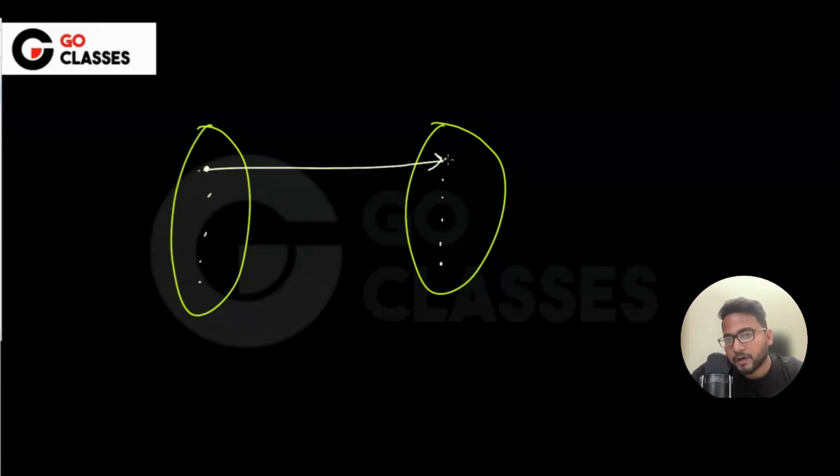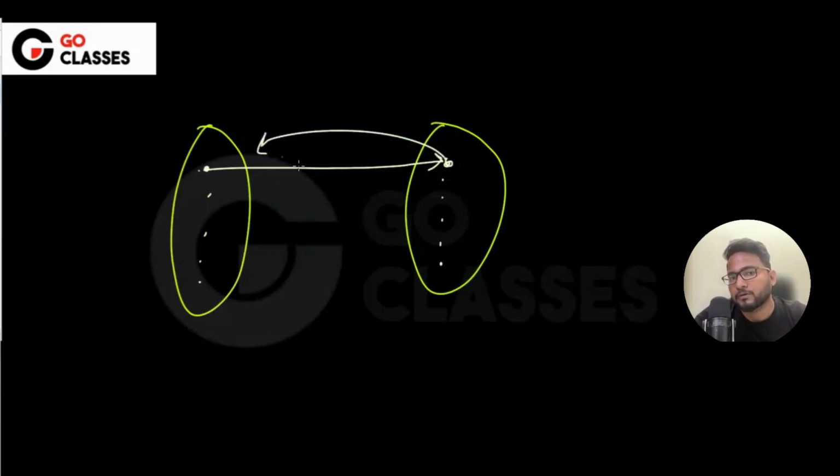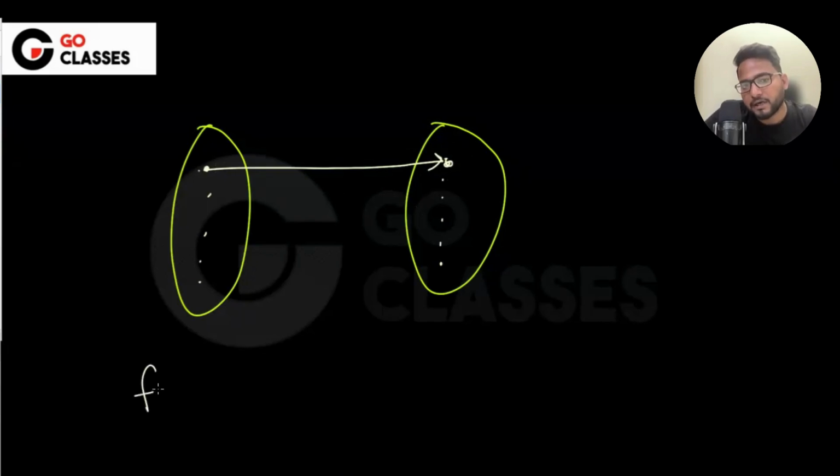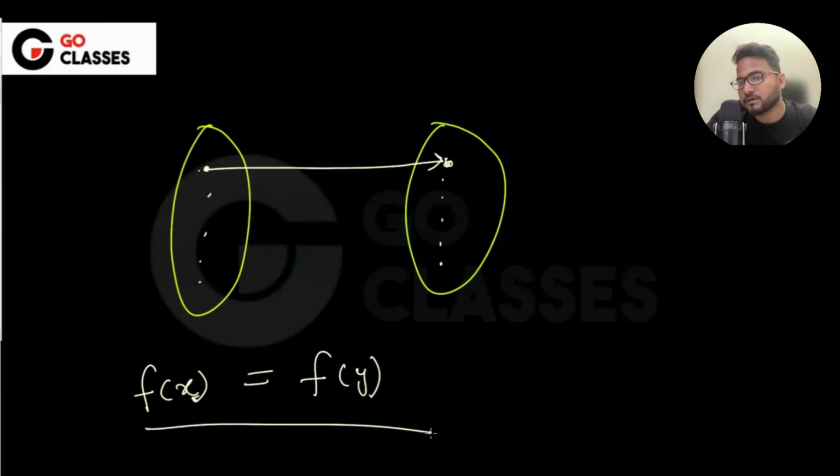If you pick each element, there will be just one element corresponding to it. Mathematically, I can say that if f(x) and f(y) are equal, which means two elements are mapping to the same one, is this possible in a one-one function? It is not possible, right?